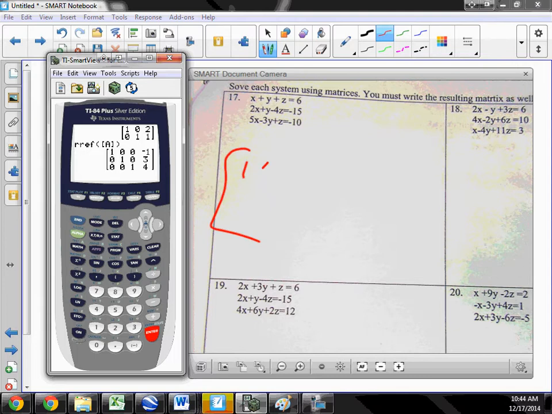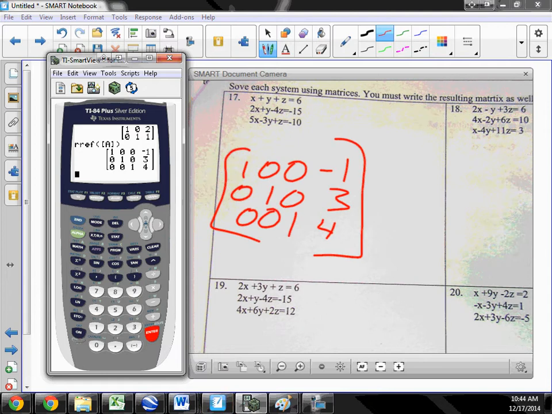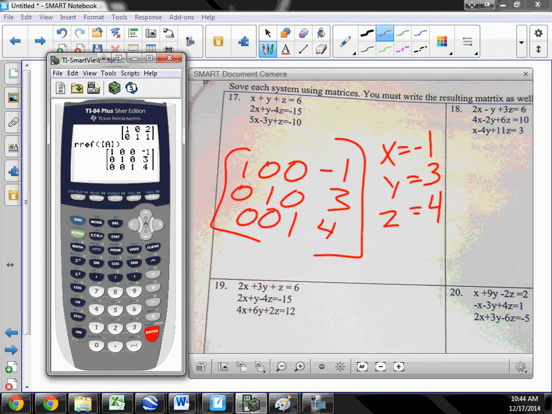So 1, 0, 0, negative 1, 0, 1, 0, 3, 0, 0, 1, 4. So in this case, X is negative 1, Y is 3, and Z is 4. Okay?